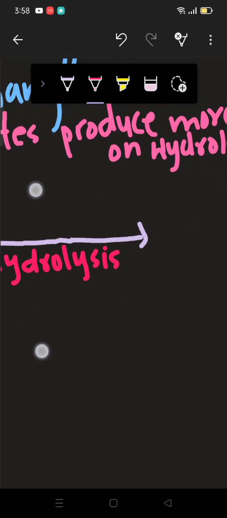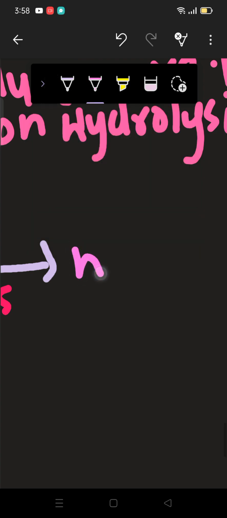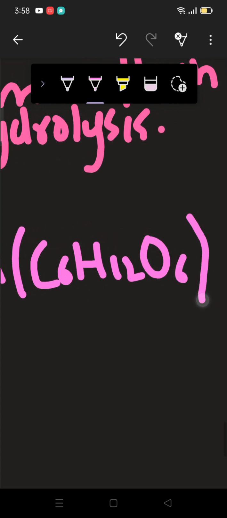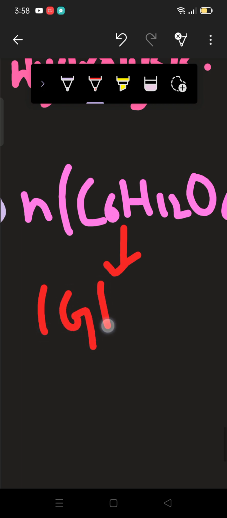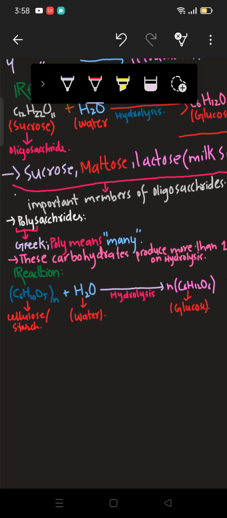And what will it produce? n number of monosaccharides, because we don't know how many monosaccharides it would produce, so we just write n number of C6H12O6, and we know that this is the monosaccharide. This is glucose. So this is the reaction we have.